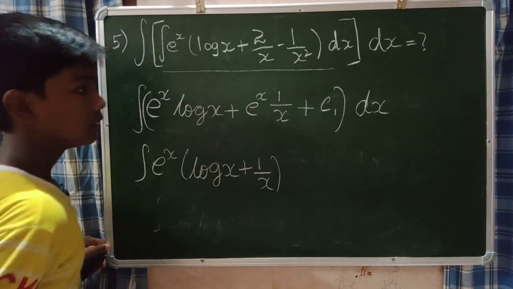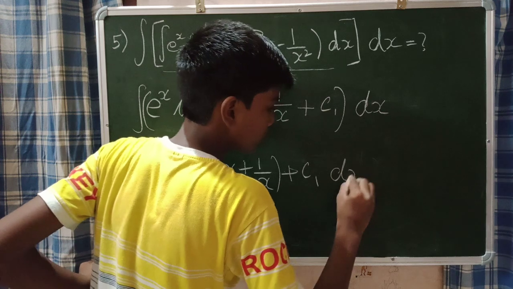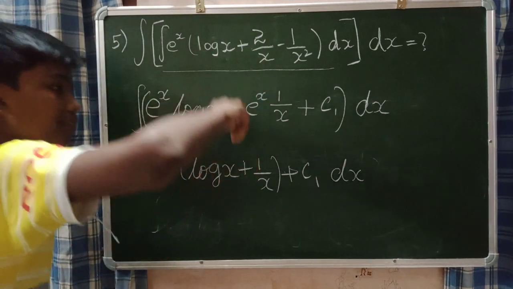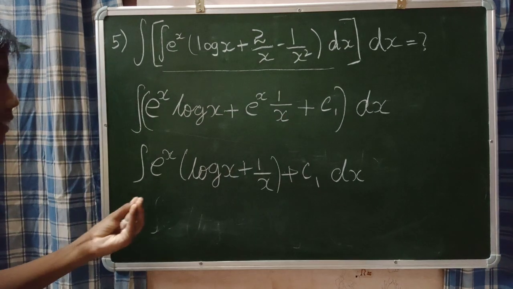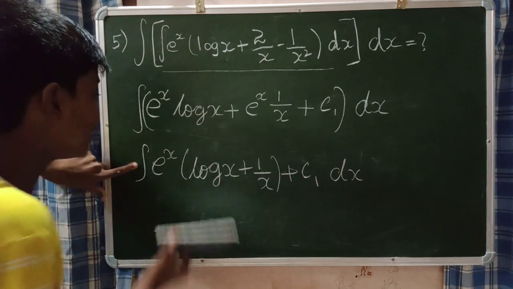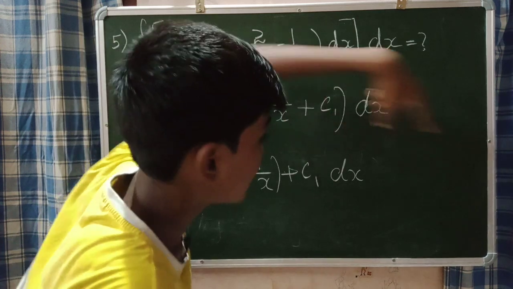That's 1 by x plus some constant c1 dx. This is the expression that we really framed. From that expression, I have just taken e to the power of x common. When I took it, it means integration of e to the power of x of (log of x plus 1 by x plus some constant c1) dx.